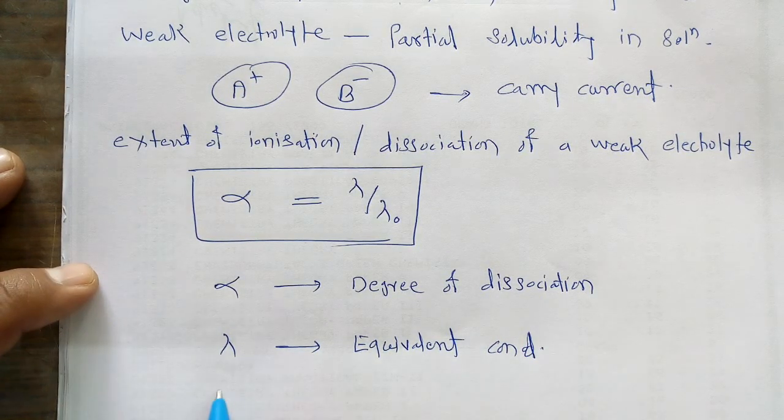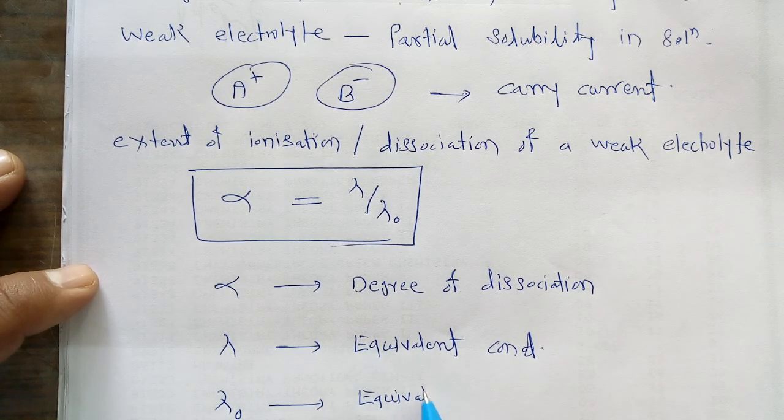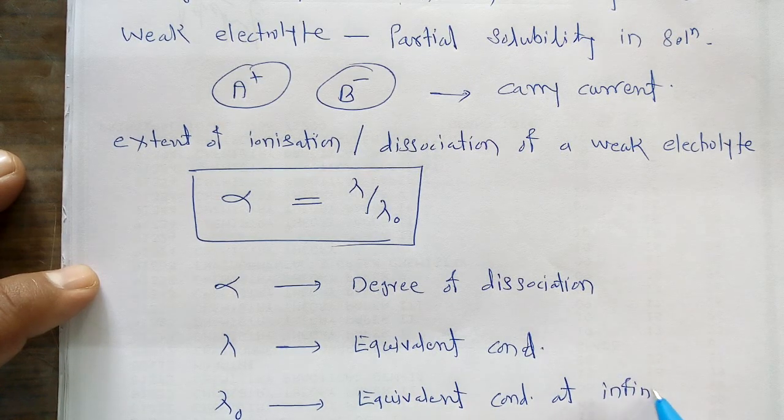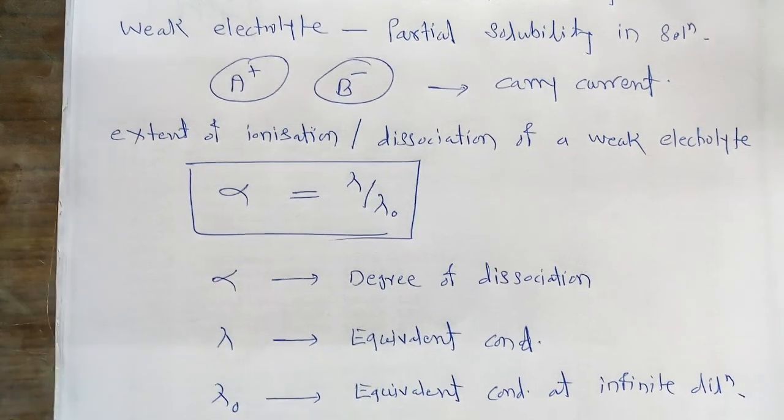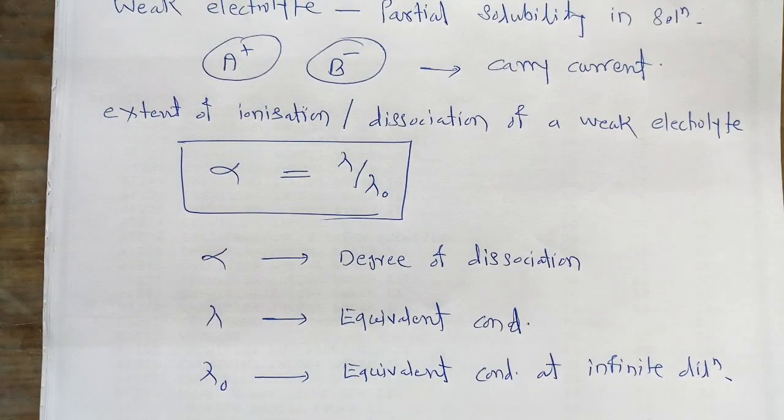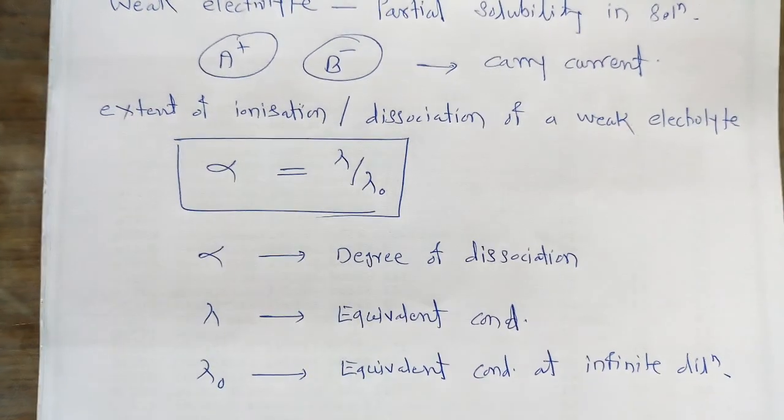While the third term, lambda 0, is called the equivalent conductance at infinite dilution. So this is a simple equation to calculate the degree of dissociation for the weak electrolyte.